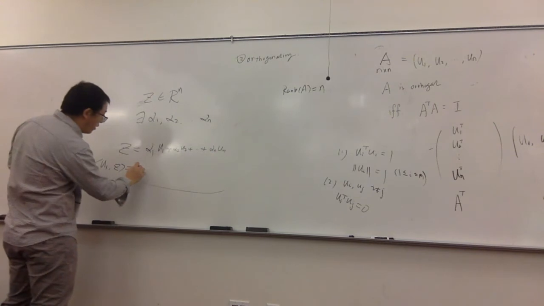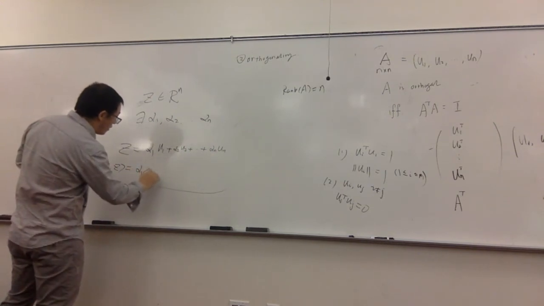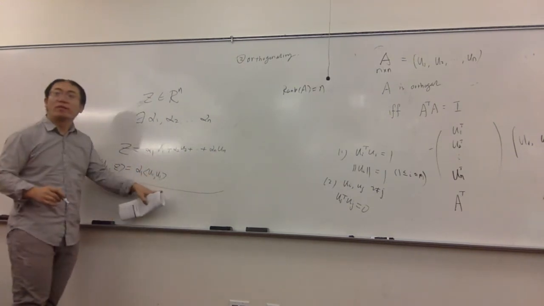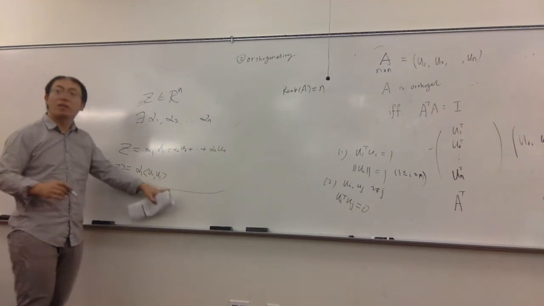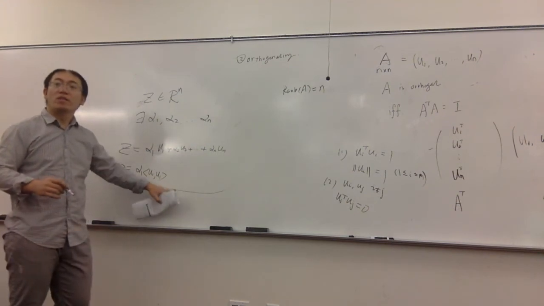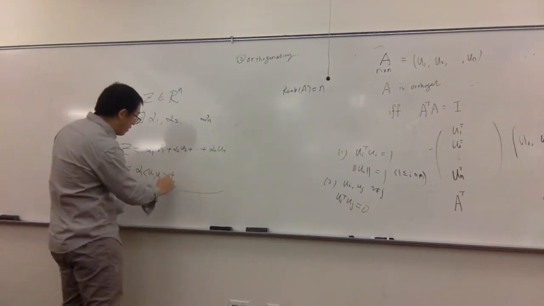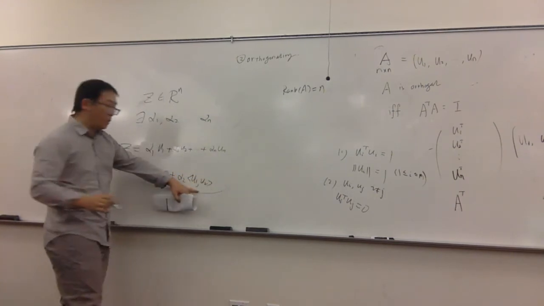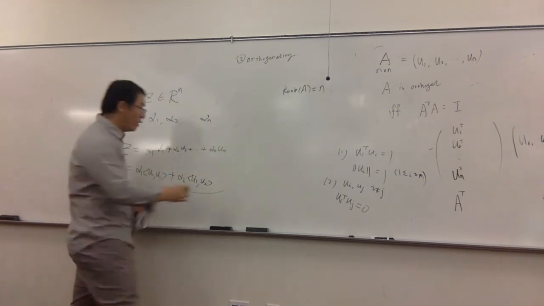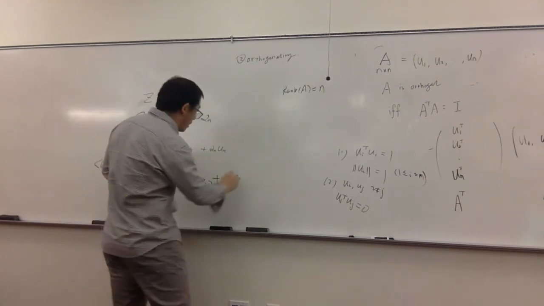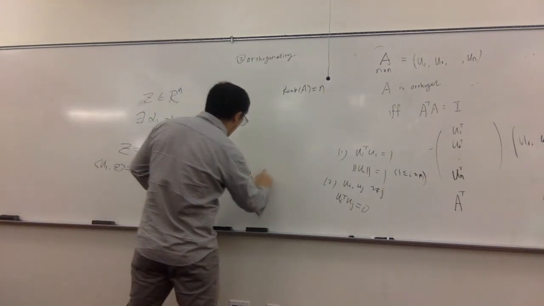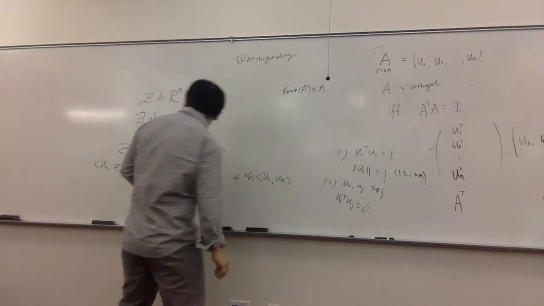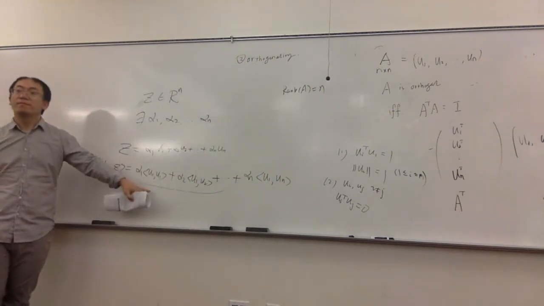It is equal to alpha 1 times the inner product between u1 and u1. This is a property of the inner product, which we mentioned in the last lecture. Plus alpha 2 times the inner product between u1 and u2, and so on until alpha n times the inner product between u1 and un.